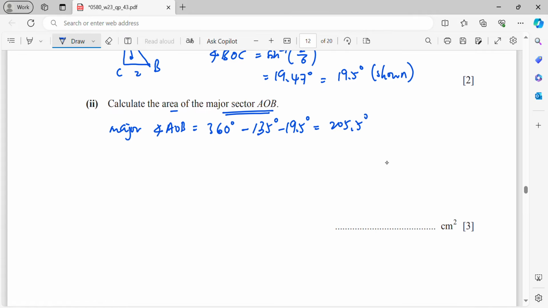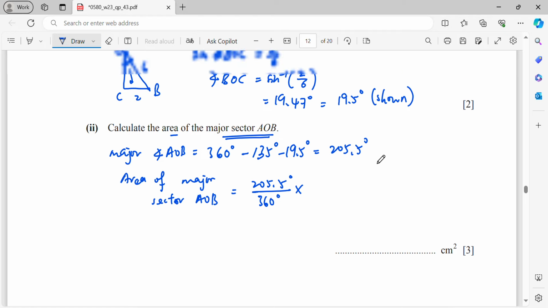Now the area of the major sector AOB. The area formula is the angle 205.5 degrees divided by 360 degrees times pi r squared.